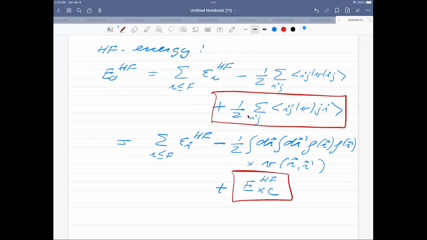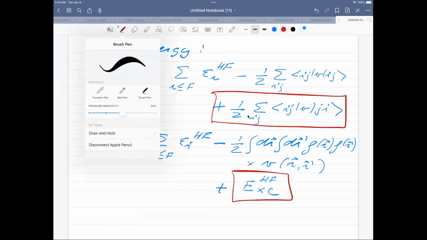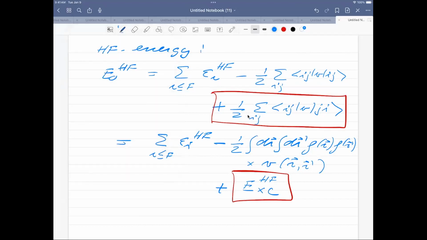Like that. Now, when I do density functional theory, I'm going to have a term here, an E0 Kohn-Sham, which I can write out as a sum over i less than F, but the energies here will be the Kohn-Sham energies, which are the solution of a different differential equation.